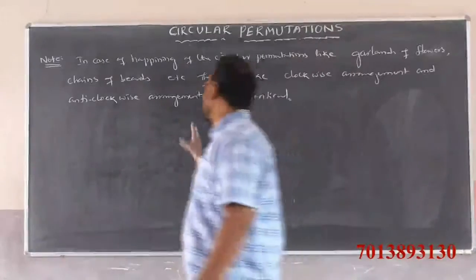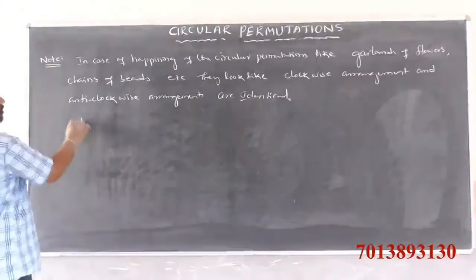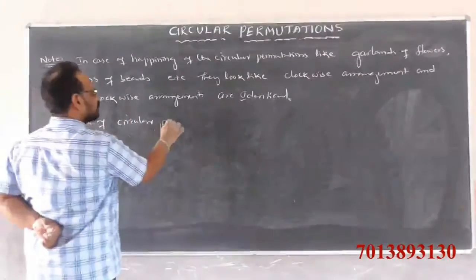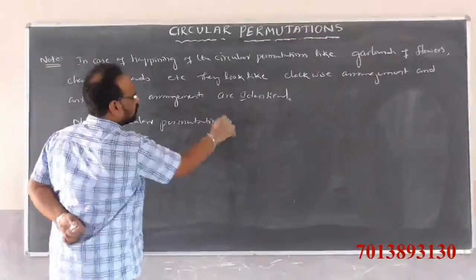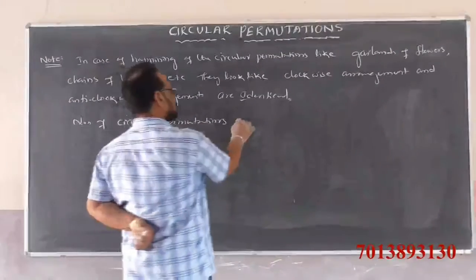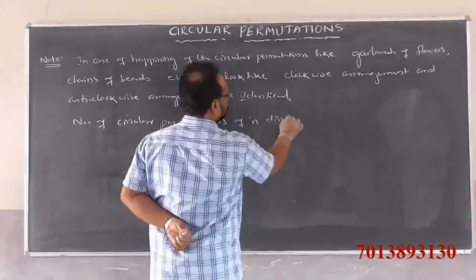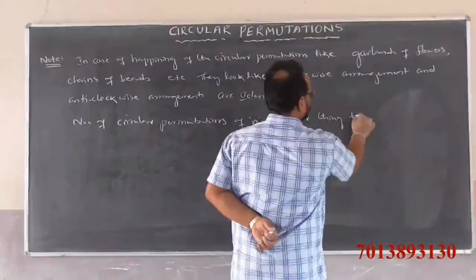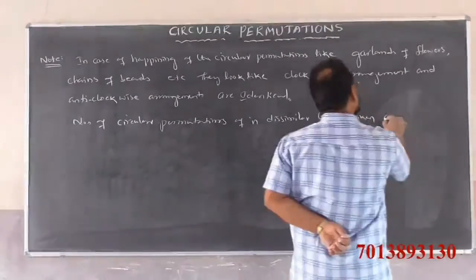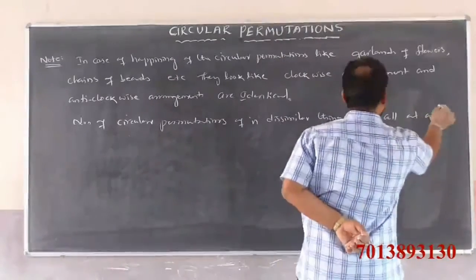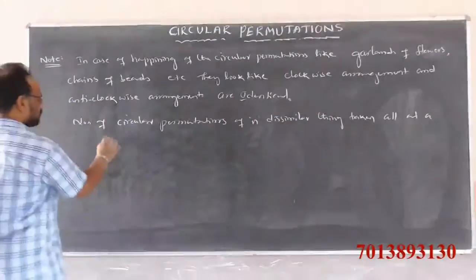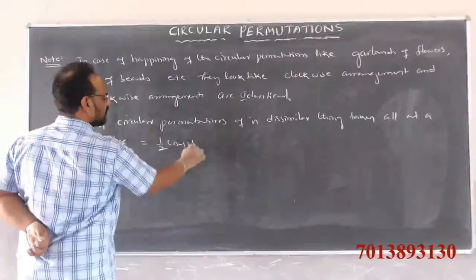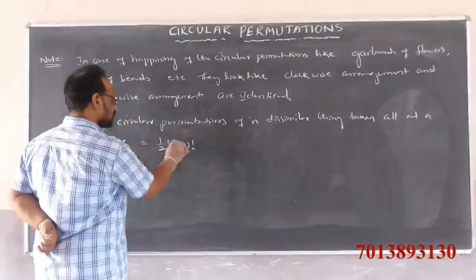So in these cases, the number of circular permutations of n dissimilar things taken all at a time is equal to half of (n minus 1) factorial.